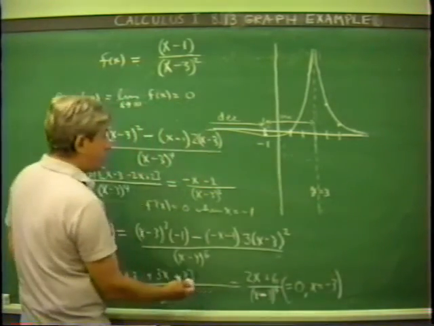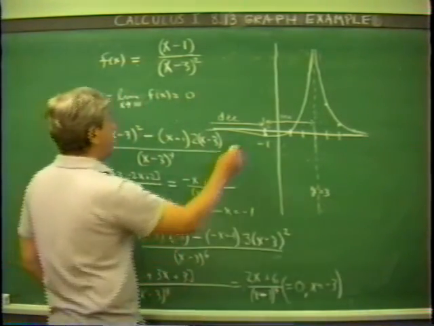So that minus 3 is a place where the second derivative is 0.